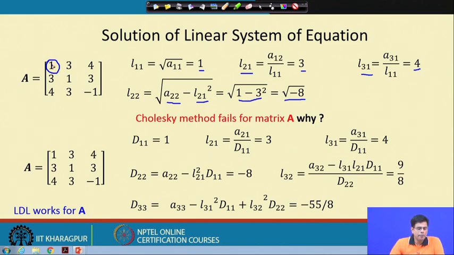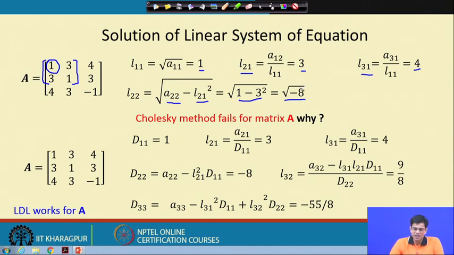Now, the second upper left submatrix also has to have a determinant greater than 0. If you take this portion, the determinant of 1, 3, 3, 1, you will see that the determinant is negative, which is actually minus 8.